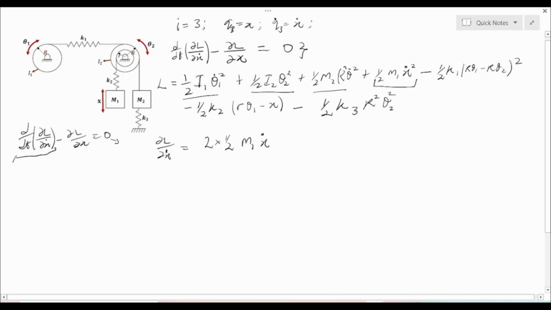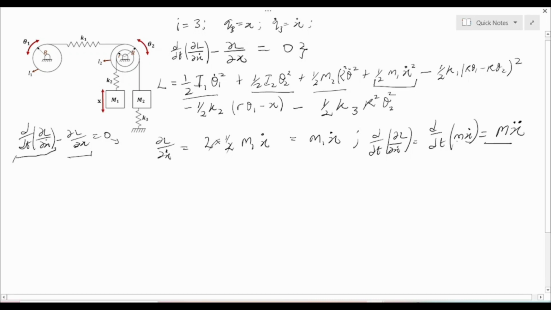The square would have left, and of course 2 cancels out 2, so we are going to have m1 x dot. And mind you, the term we are looking for is d dt dL dx dot. So this will be equal to d dt of m x dot. If mass is constant and x dot is velocity, if you differentiate that with respect to time, you're going to have mass times acceleration, which is mass times x dot dot. And this is the first term.